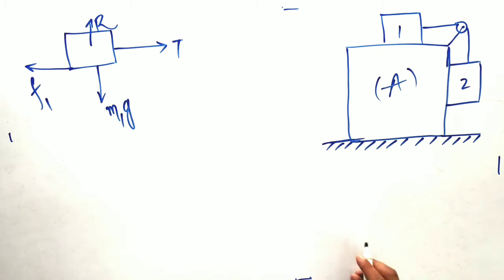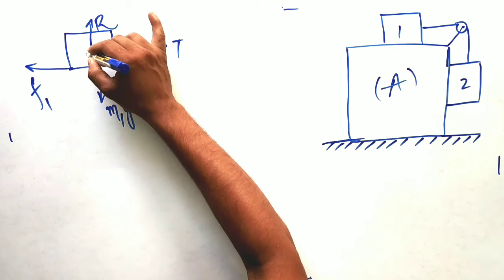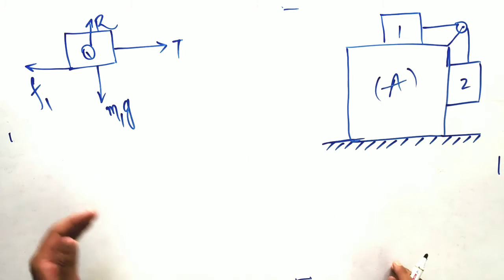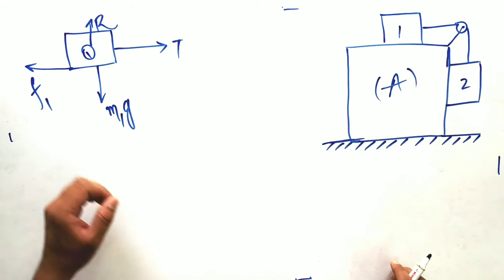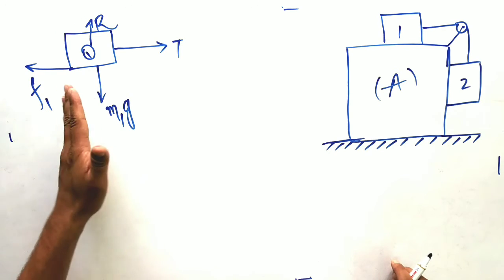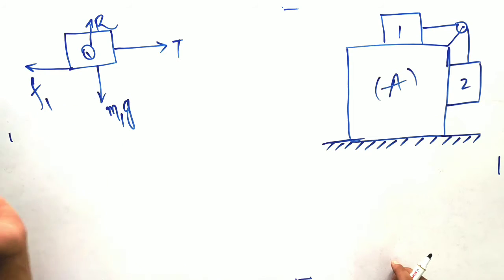So these are the forces acting on the block 1. Like we discussed, the friction acting on the block 1 is acting towards the left because 1 has the tendency to move ahead.